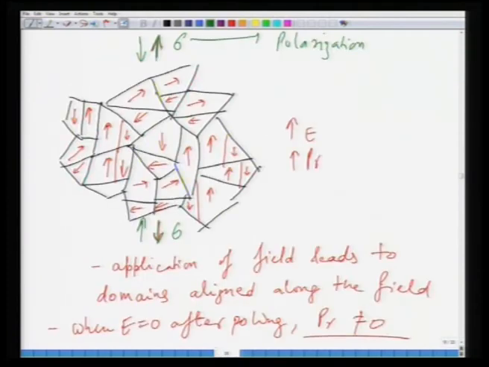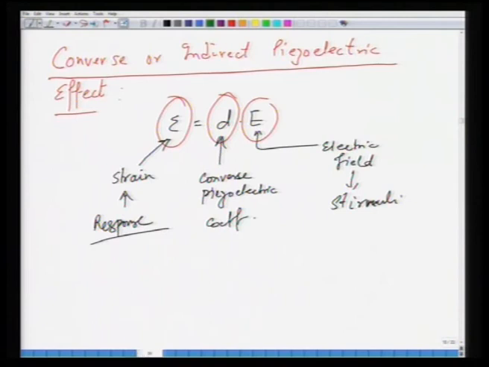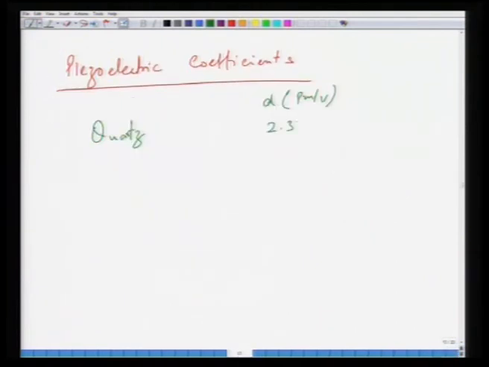If you look at the previous slides, here I am looking at the converse effect, the converse piezoelectric coefficient, which is nothing but strain divided by the field. So, 2.3 picometer per volt; barium titanate has a value of 100 to 150. So, reasonably large displacement.